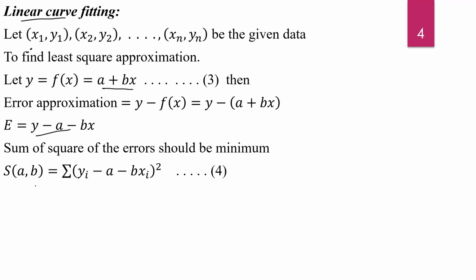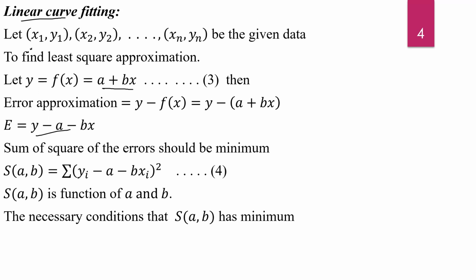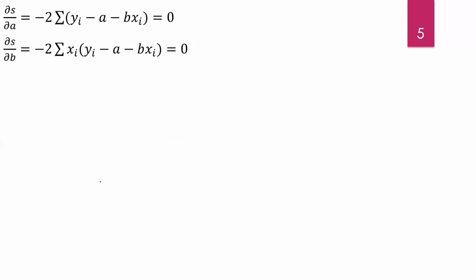The necessary condition is that the function has a minimum when its partial derivative with respect to a and with respect to b is 0. So we differentiate equation 4 with respect to a and with respect to b and equate to 0.